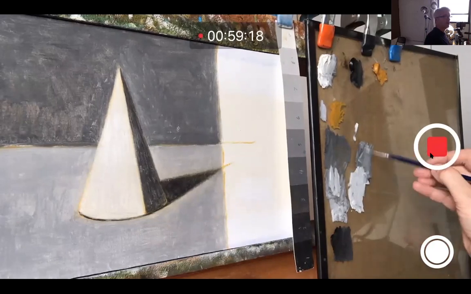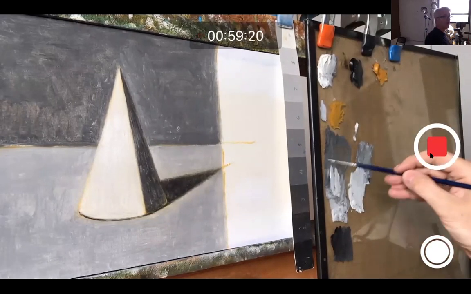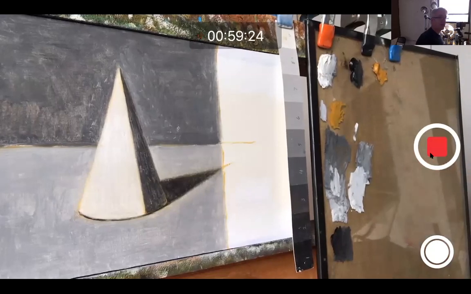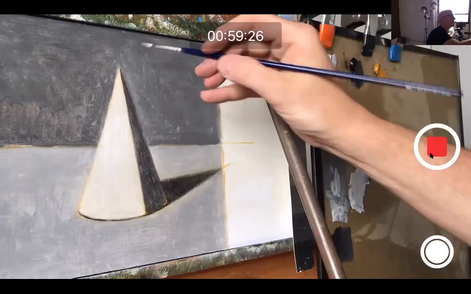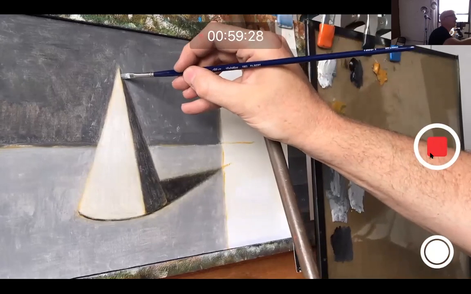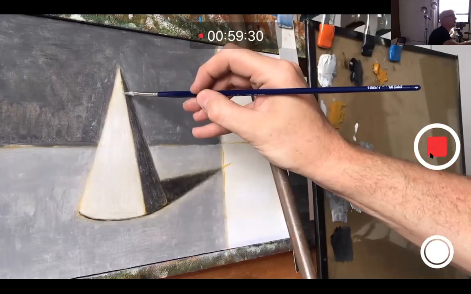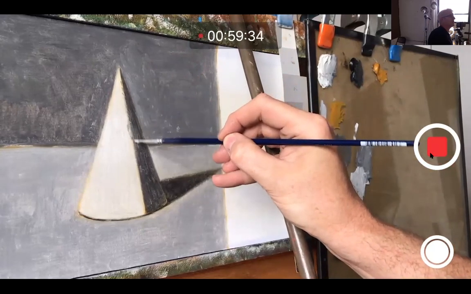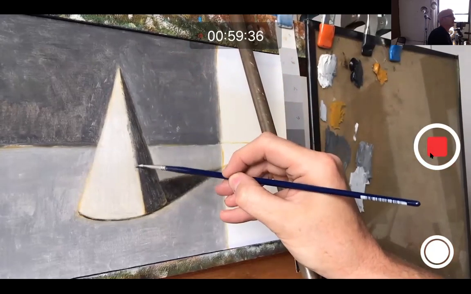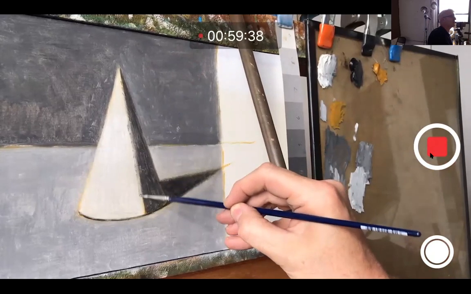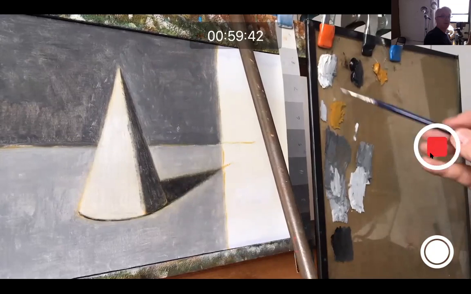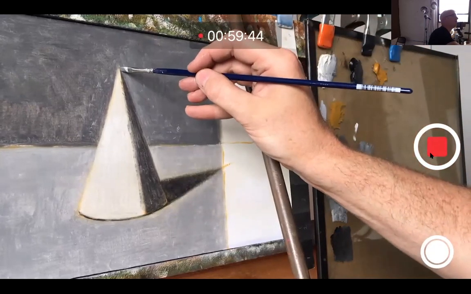So I'm going to mix a middle gray value that will approximate the value of that halftone. And similar to the way I did with the edge of the cast shadow, I'm going to scrub in, or lay in, that halftone.